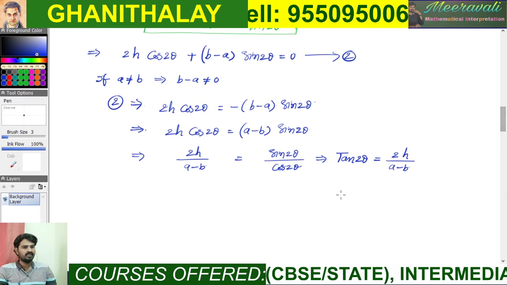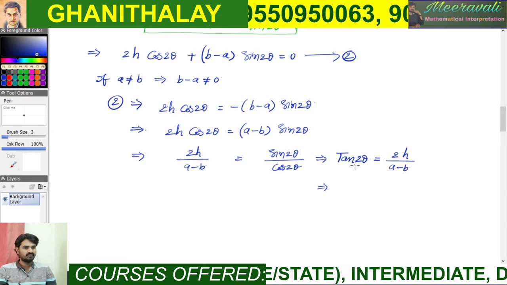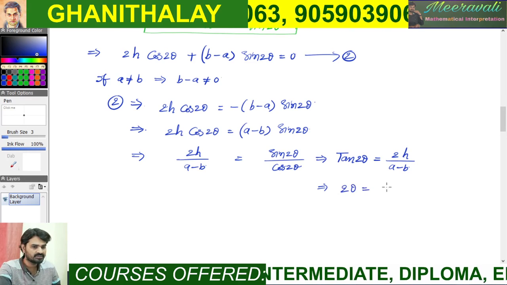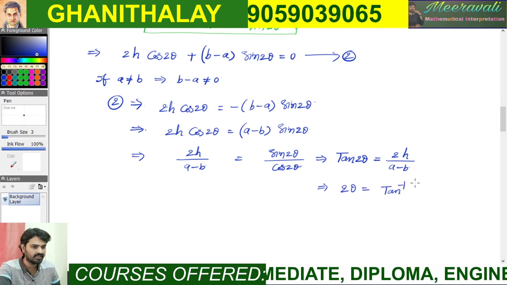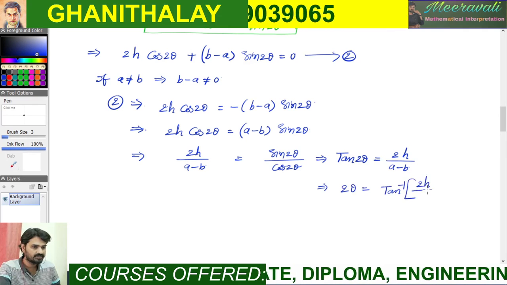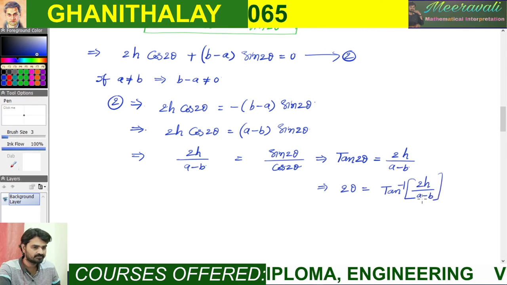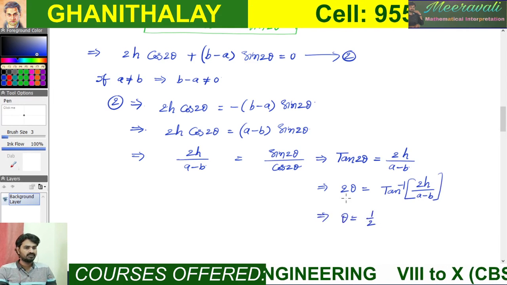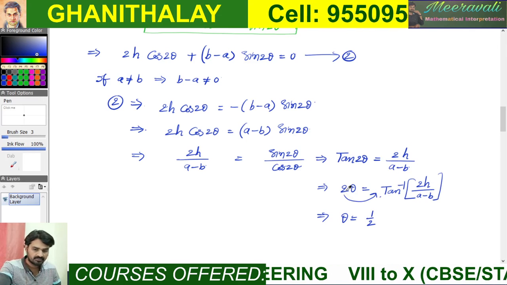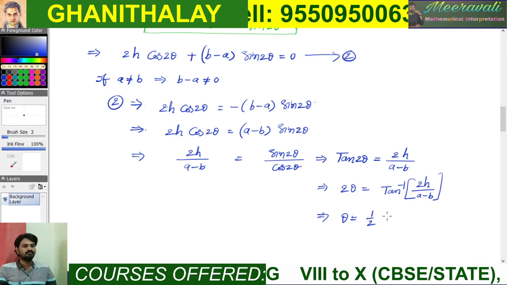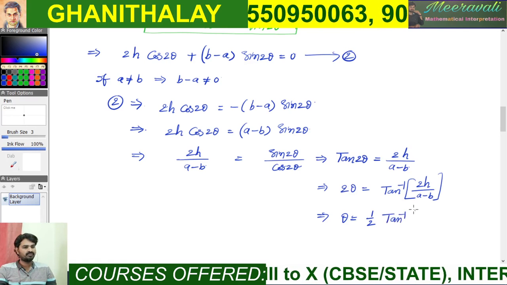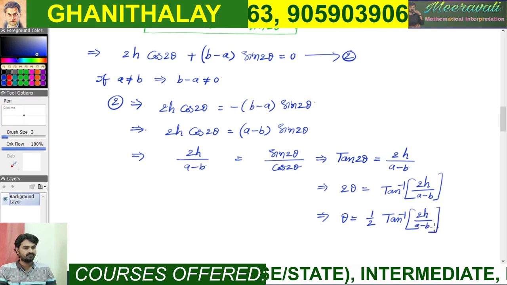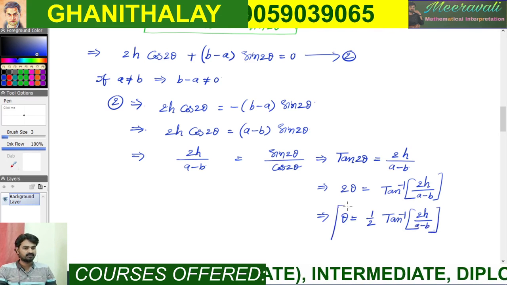Now finally you can write 2 theta is equal to, taking the inverse trigonometric function, tan inverse of 2h by a minus b. Now finally theta is equal to 1 by 2, so take the 2 to the right side, 2 becomes 1 by 2 into tan inverse of 2h by a minus b. Okay, this is the answer.